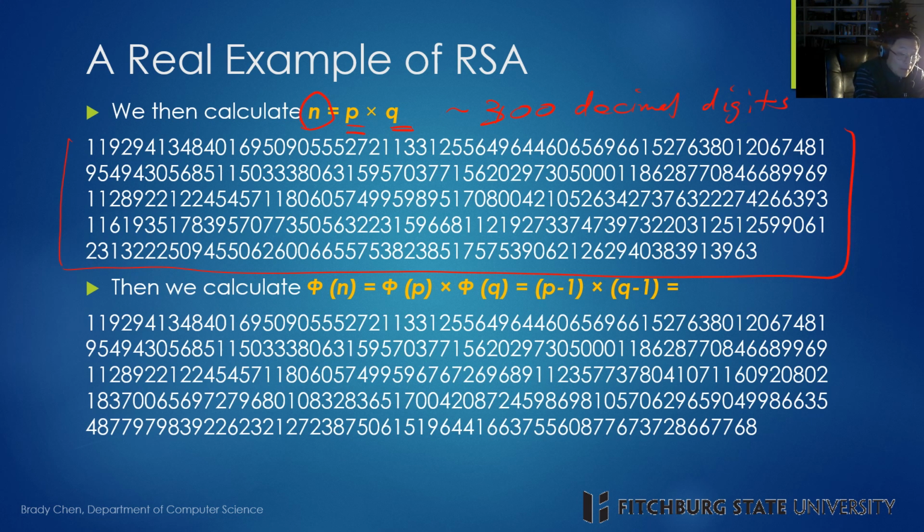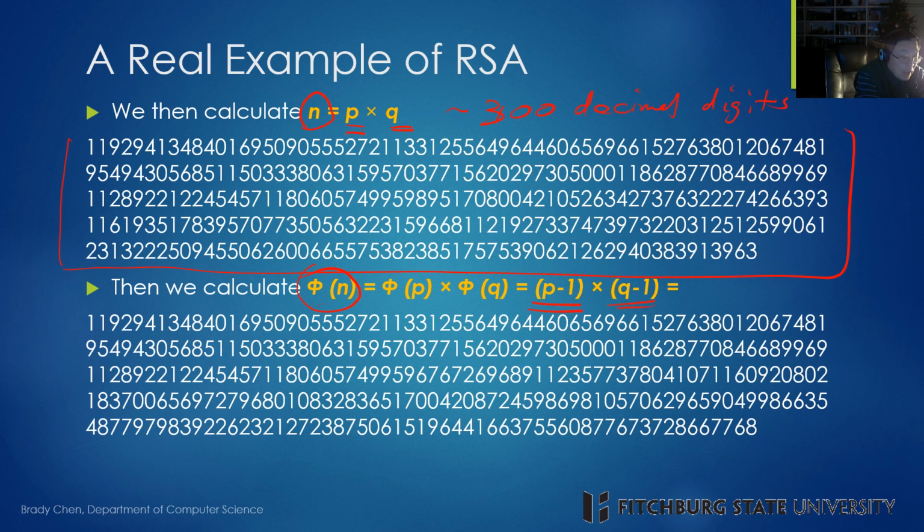And then we want to calculate phi of n. Now, if you try to calculate phi of n from the definition, you would have to do a lot of work. You're never going to be able to finish in your lifetime. However, since I know n is the multiplication of p and q, and p and q are prime numbers, we can get phi of n using the formula p minus 1 times q minus 1.